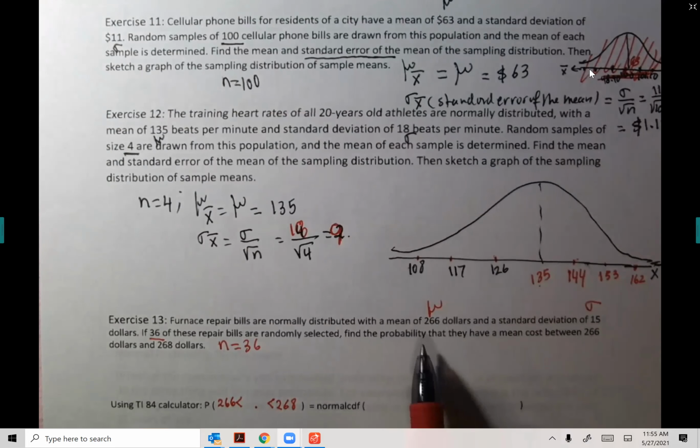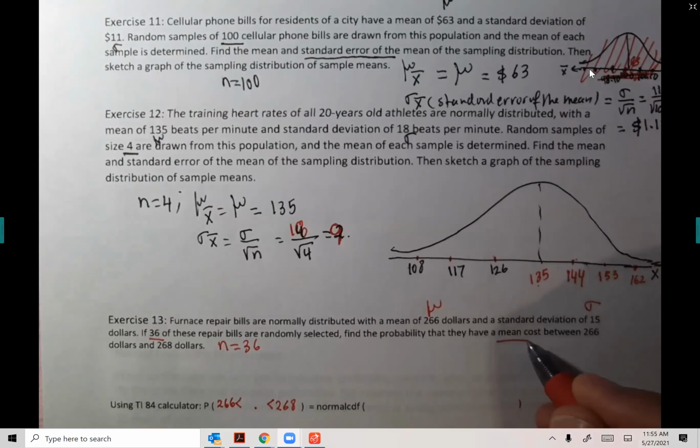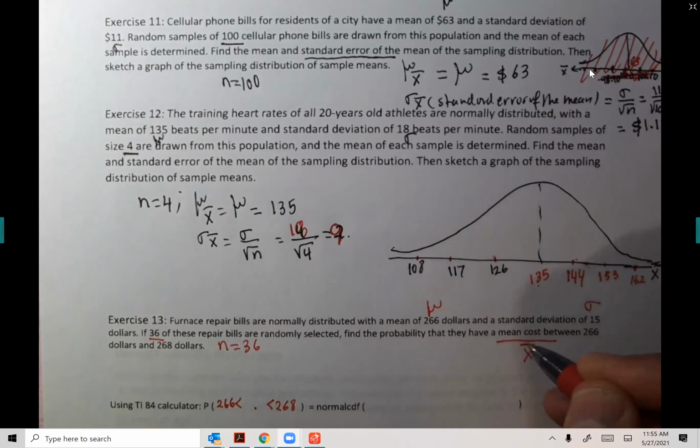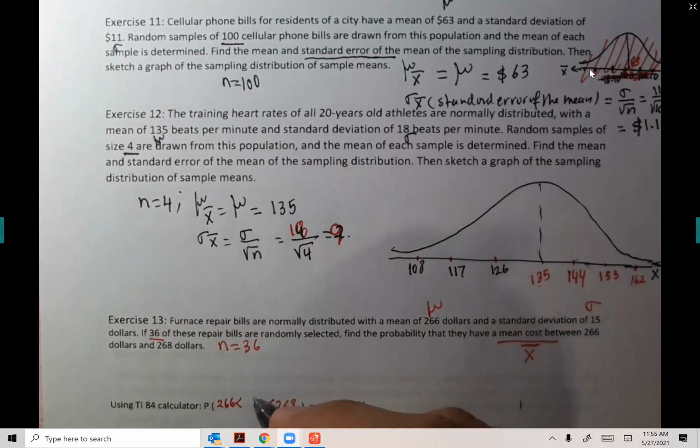What is the probability that they have a mean cost? A mean cost, guys, it's an average. What's the symbol of average? What do we use for the sample mean notation? Not X. We use X with what? X bar. X bar.